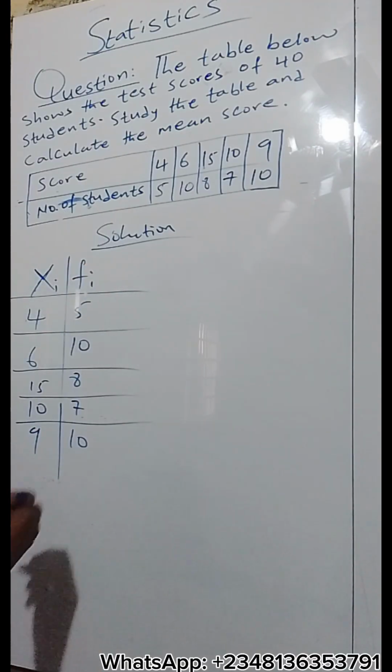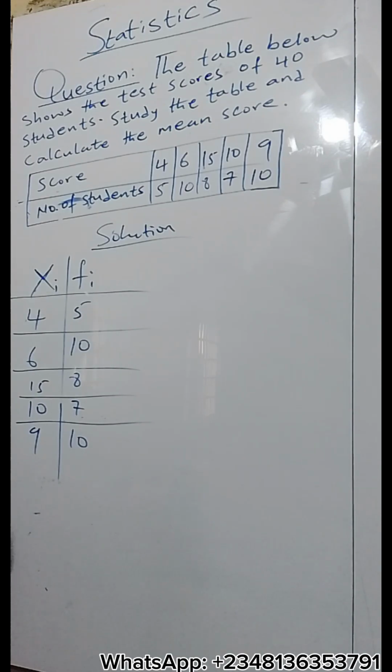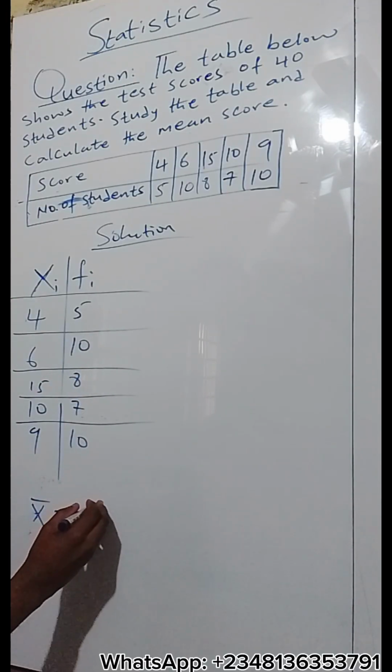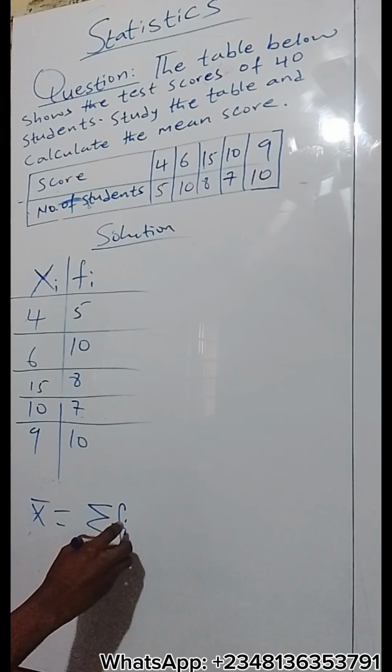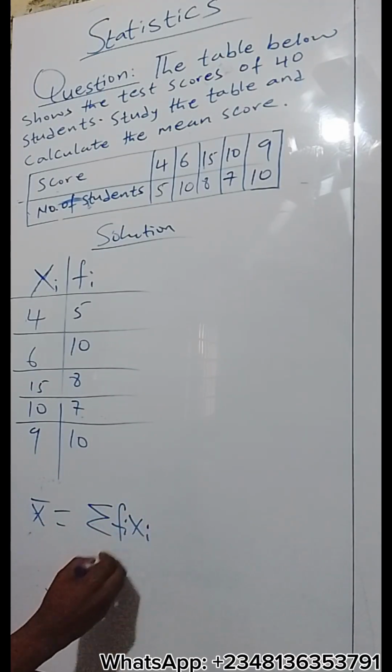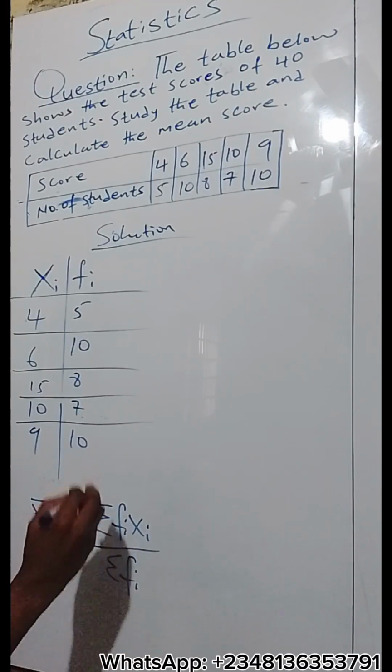So the formula for calculating the mean when we have frequency is x bar. X bar represents the mean, that is the arithmetic mean, which equals summation f sub i x sub i over summation f sub i.